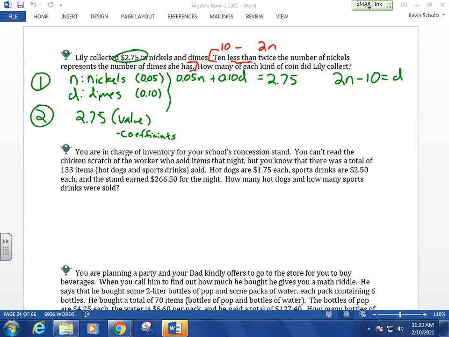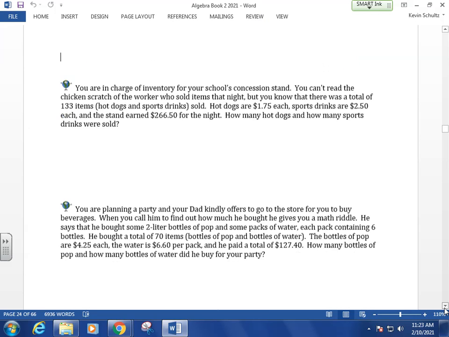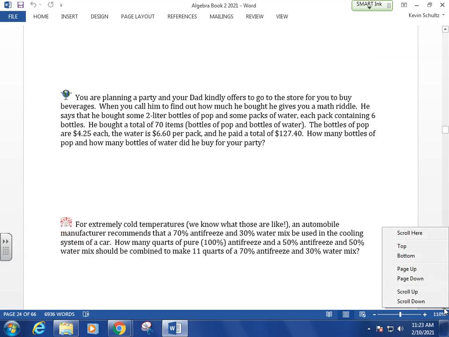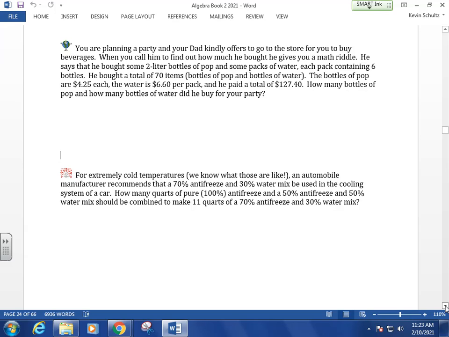And then the other one I want you to do is down the page a little bit. This one sounds a lot like how I'm going to be when my kids get to have parties and stuff like that. It says, you are planning a party and your dad kindly offers to go to the store for you to buy beverages. When you call him to find out how much he bought, he gives you a math riddle. He says he bought some 2-liter bottles of pop and some packs of water, each pack containing 6 bottles.